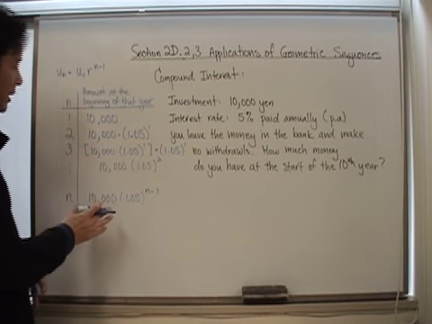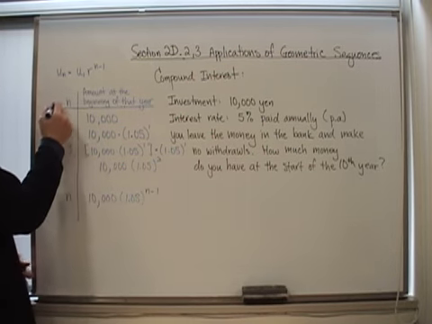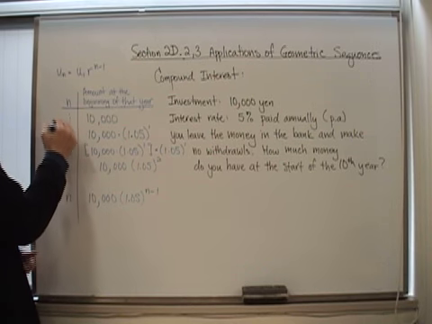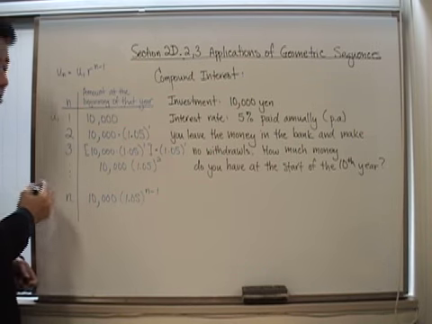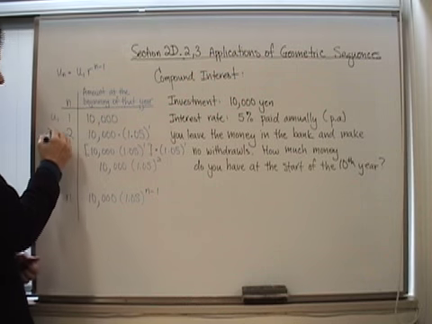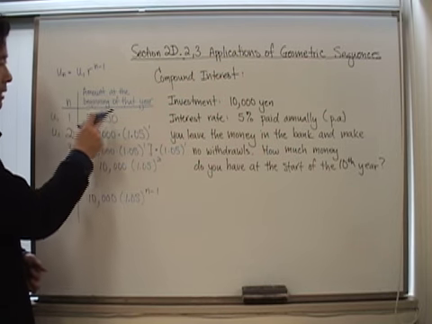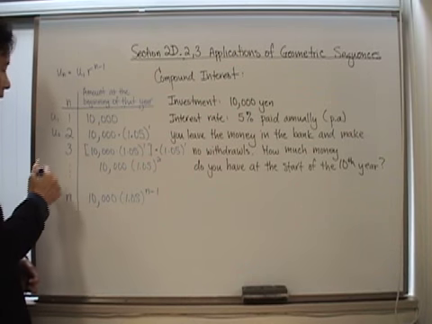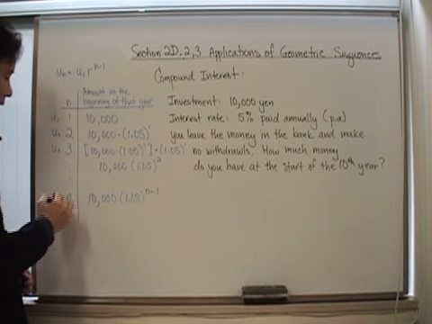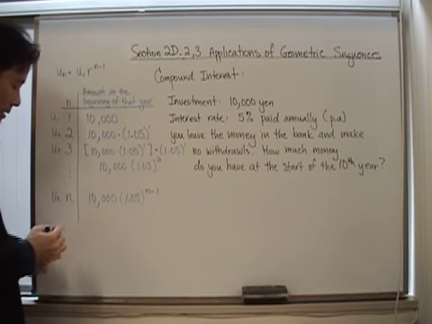Now, if we think about what this means, I can talk about this as a u sub 1 value, which is my initial investment. This is a u sub 2 value, which is how much I have at the beginning of the second year. I can call this u sub 3, and I can call this u sub n.